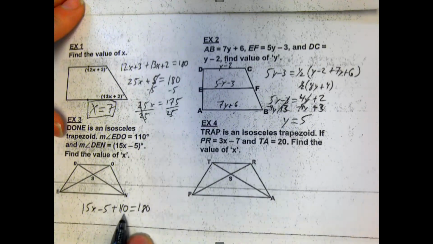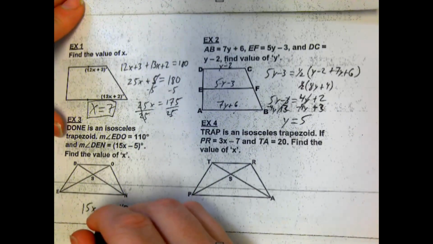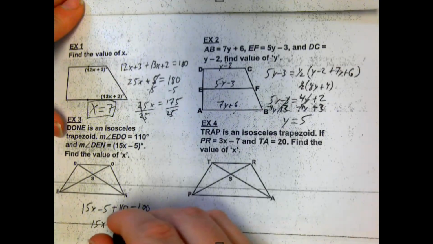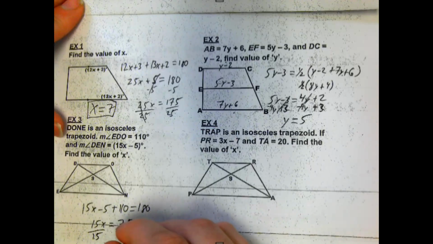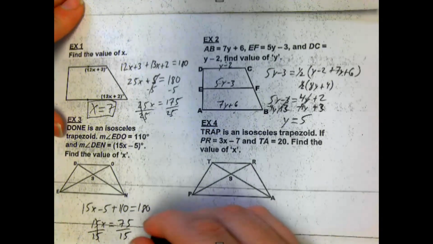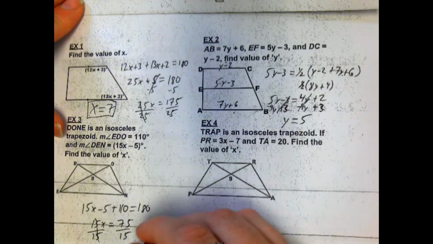Negative 5 and 110 would be 105, so I'm going to subtract 105 from both sides. So 15x would equal 75, divide by 15. x equals 75 divided by 15, which is 5.